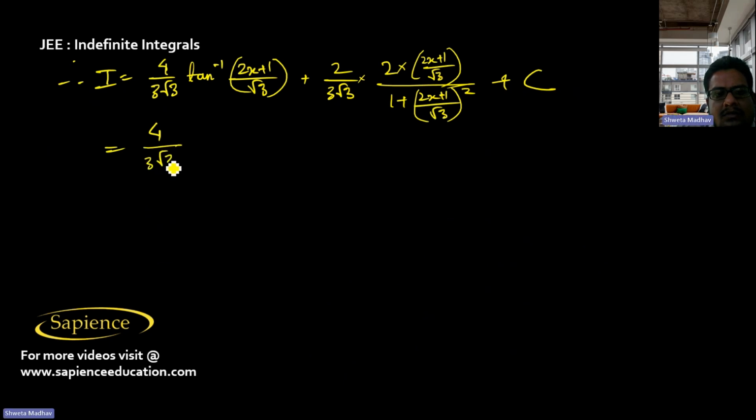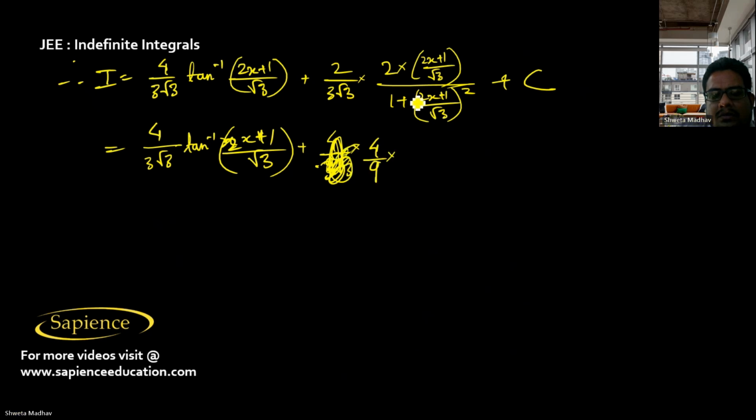Now if we simplify it, then we will get 4 by 3 root 3 into tan inverse of 2x plus 1 by root 3, plus this is 2 by root 3, so 4 by 9 into 2x plus 1 by 1 plus 4x square plus 1 plus 4x by 3, plus c.